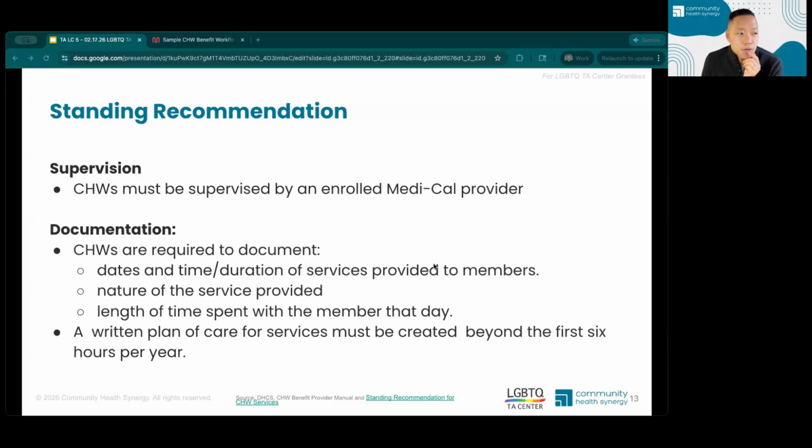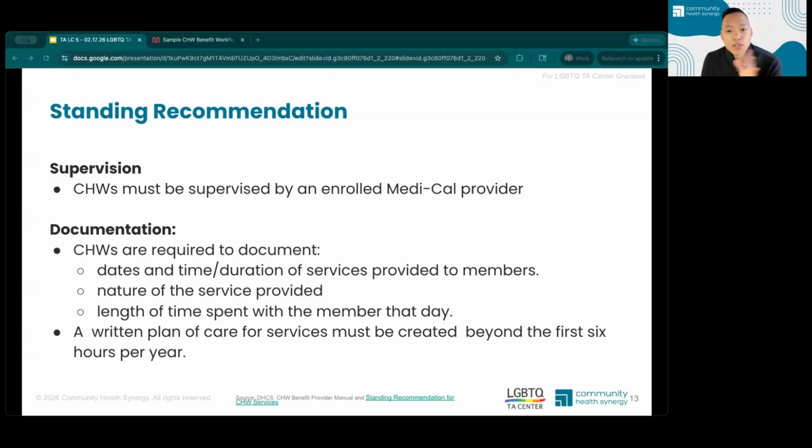As far as supervision, something we covered earlier, you'd be meeting this supervision requirement once, by your organization being enrolled as a Medi-Cal supervising provider organization. In terms of documentation, here's a list of required information to document.